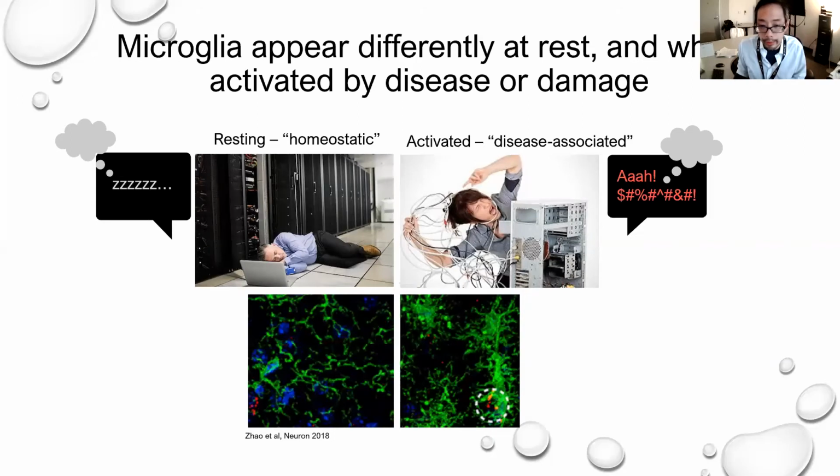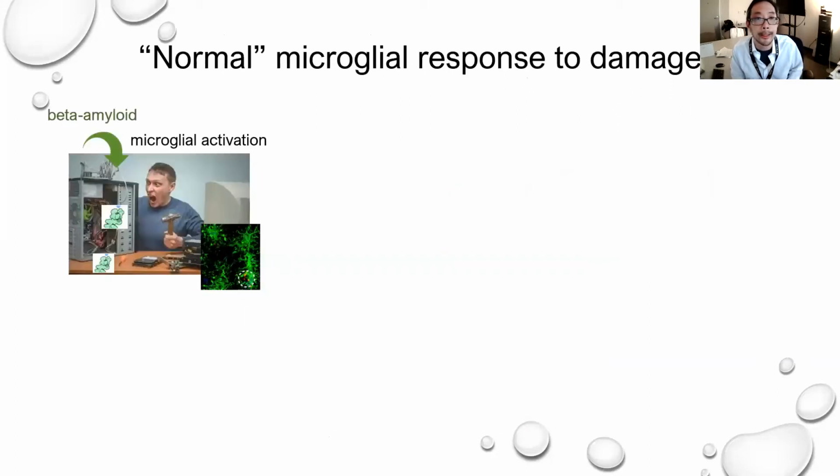And when Yinjin added A-beta to mouse brain, basically these microglia become activated. Their shape becomes very condensed. Their cell body expands. So they not only have a different shape, but they also have a different language. So they make a different subset of mRNAs in response to some type of damaging agent.